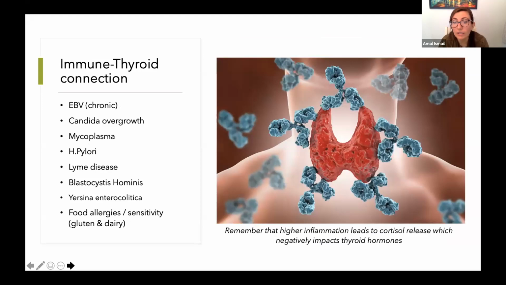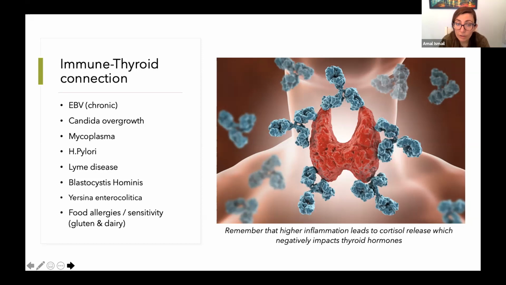Immune thyroid connection, again, a very important factor, especially when it comes to autoimmunity. There are known key players that we investigate when we're looking at a Hashimoto's or Graves' disease case, and that is a chronic infection with Epstein-Barr virus. It is also very well documented to have an impact on increasing autoimmune reaction towards the thyroid.